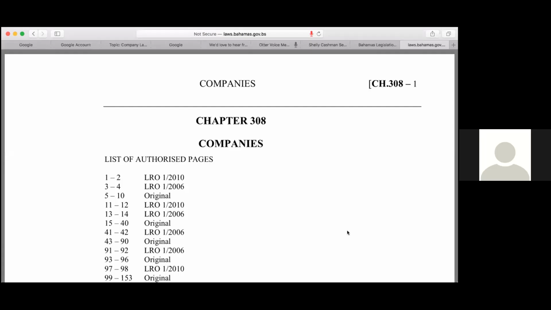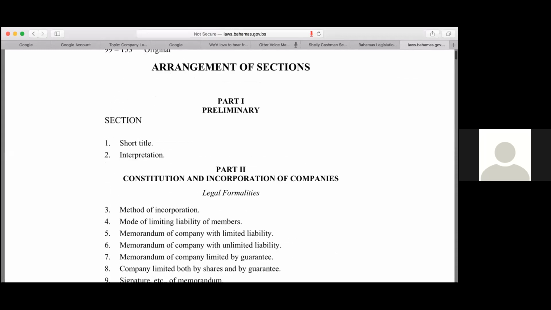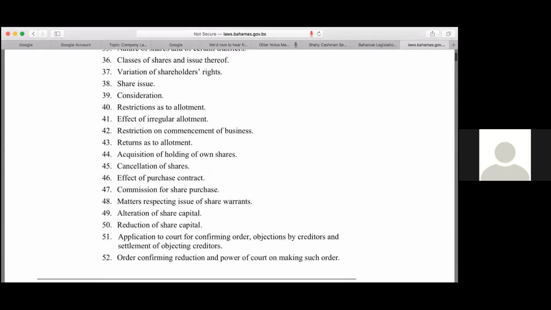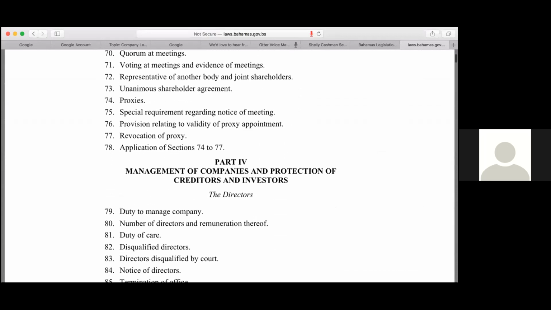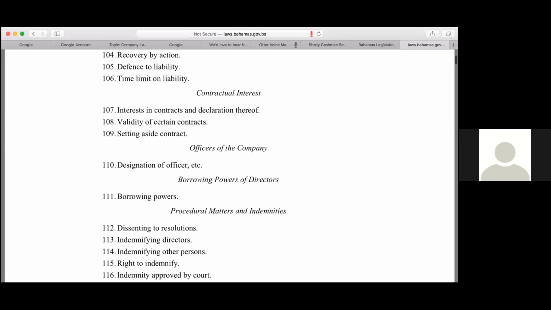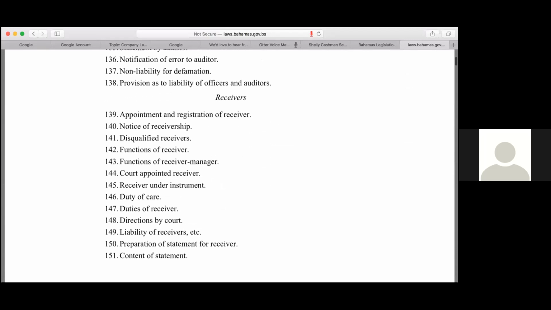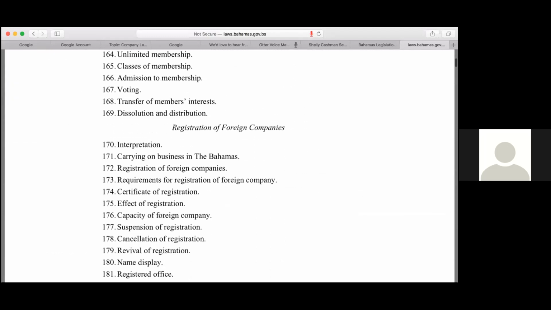Then subsection 2 says, where a company is incorporated under a name that is identical with a name under which a company in existence is already incorporated, or so nearly resembles the name of another company in existence as to be calculated to deceive or confuse, the registrar may, whether or not the consent of the company in existence has been obtained pursuant to subsection 1A, give notice to the last registered company to change its name, and if it fails to do so within 60 days from the date of the notice, the registrar shall direct the company to change its name to such name as the registrar deems appropriate.